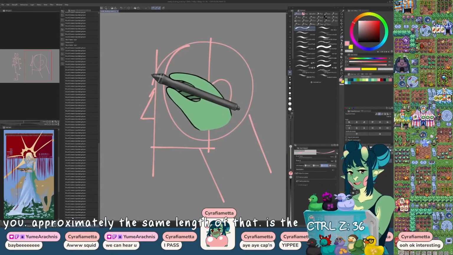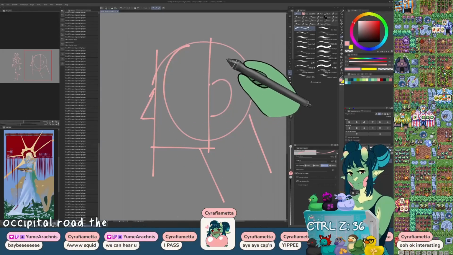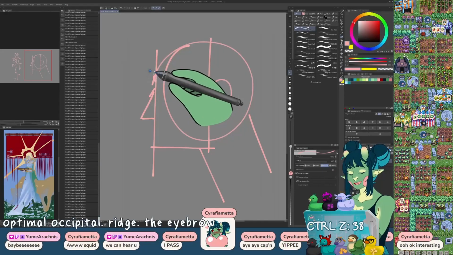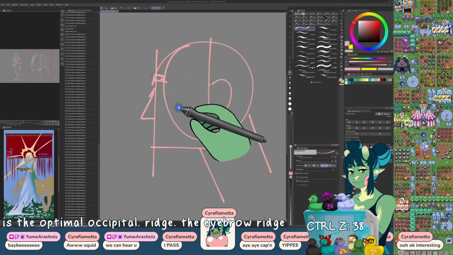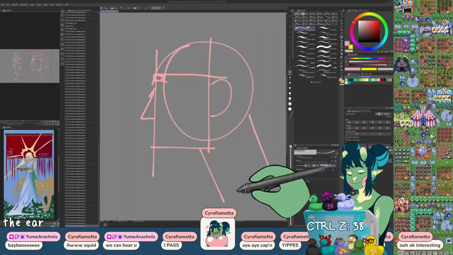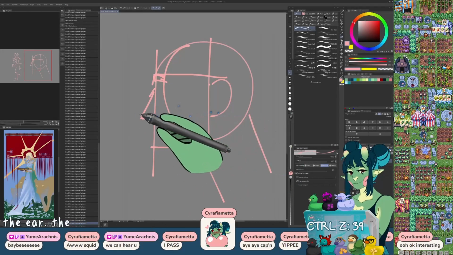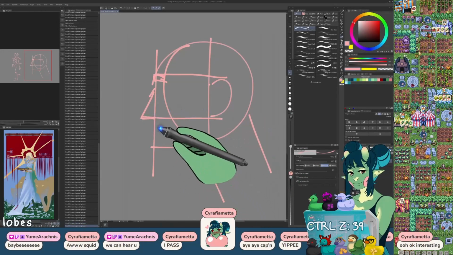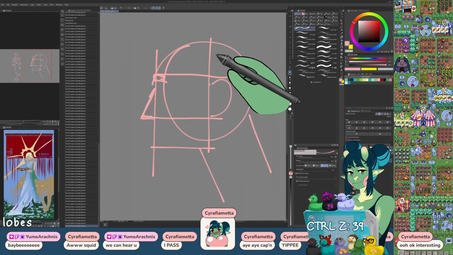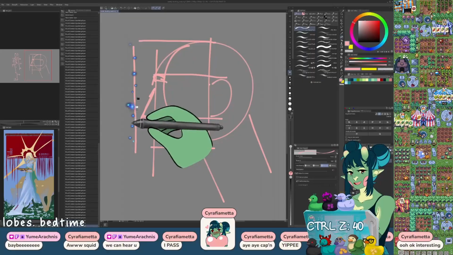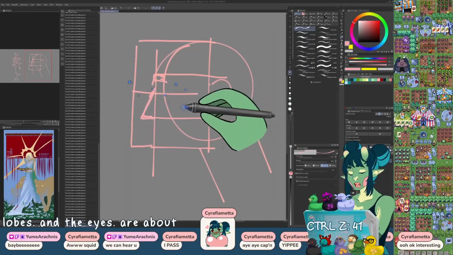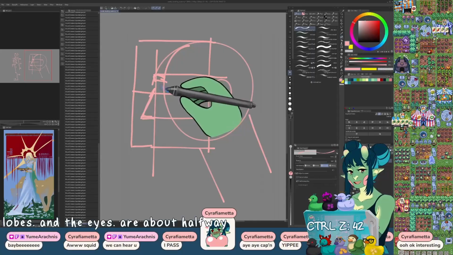Because the eyebrow ridge is about level with the top of the ear. So the bottom of the nose is level with the earlobes. Ta-da! And the eyes are about halfway. So you place the eyes there.